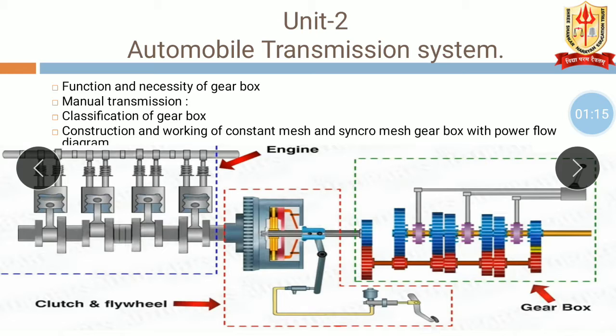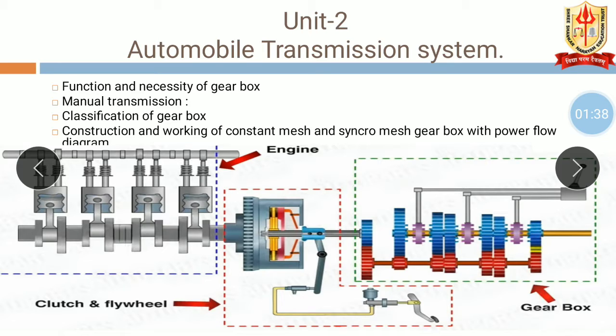In this video we are going to see different kinds of gearboxes: the function and necessity of the gearbox, then manual transmission, classification of gearbox, and construction and working of constant mesh and synchro mesh gearbox with power flow diagram.